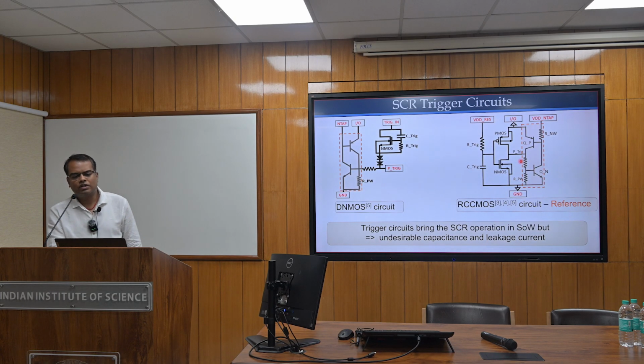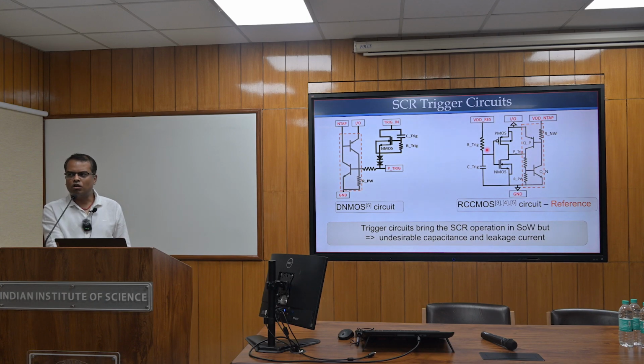Now there are a lot of works related to this, but I would like to explain in detail the trigger circuit which is very popular. This is a very simple trigger circuit which consists of a resistor, a capacitor and an inverter circuit. Typically in an ESD time domain, which is generally in the range of picoseconds, we turn on this PMOS and inject the current on the P-trig terminal.